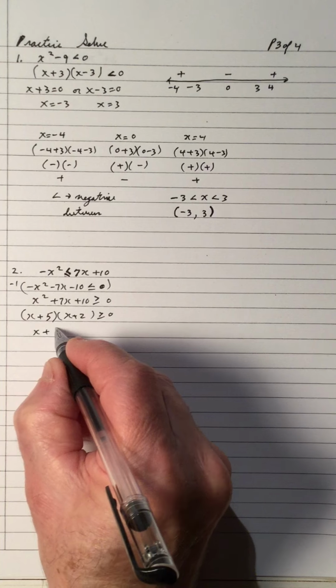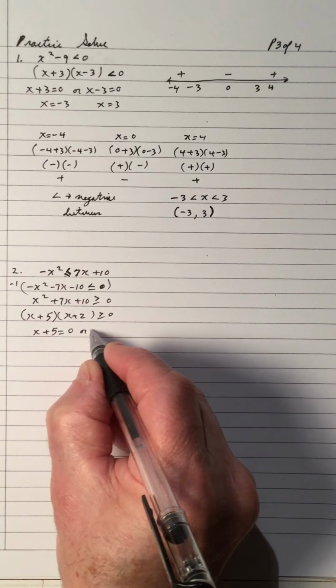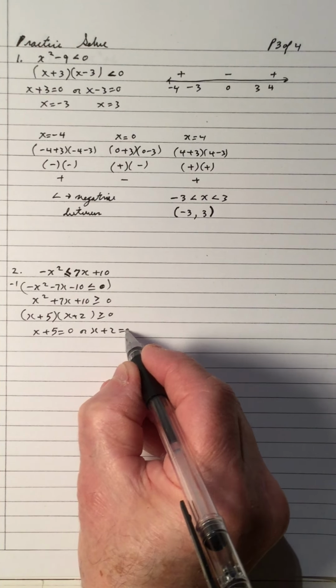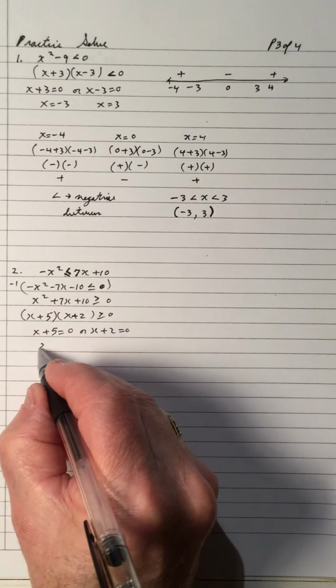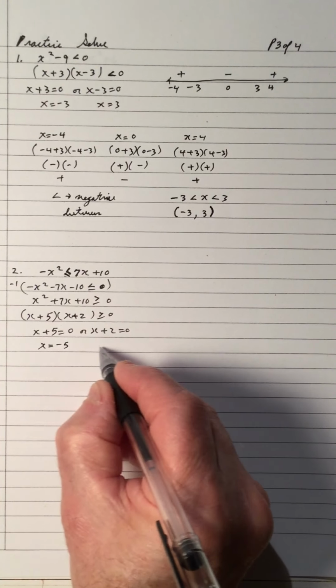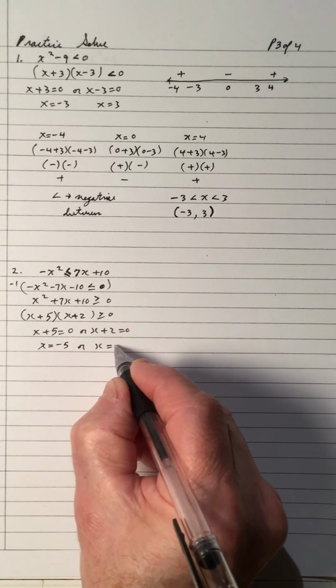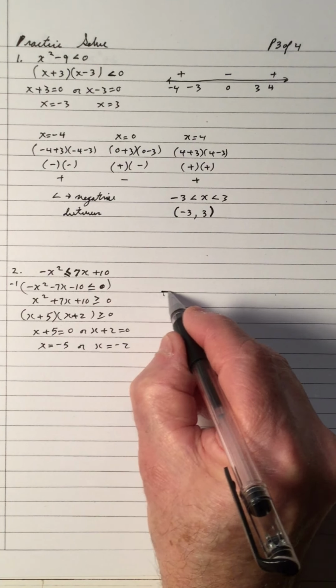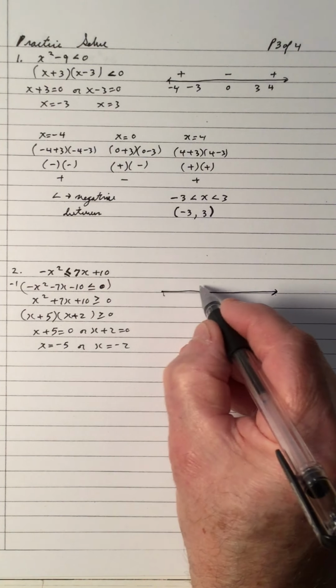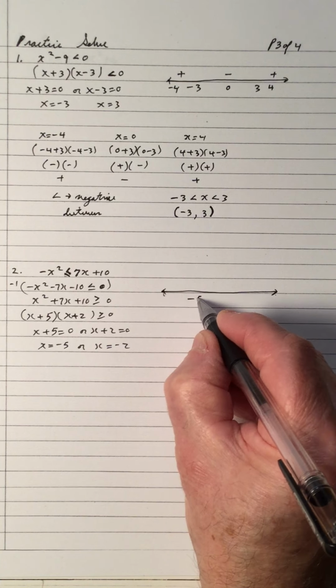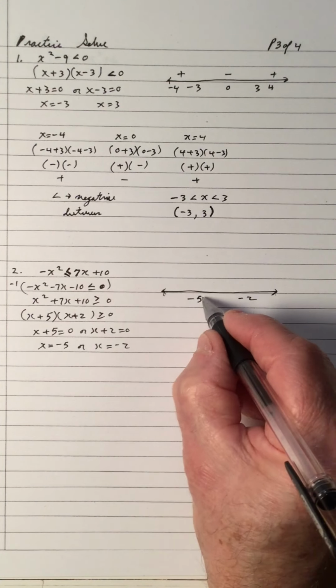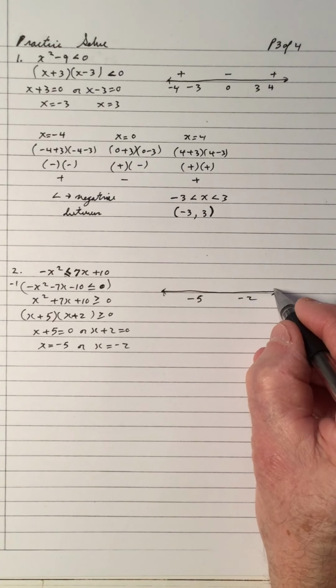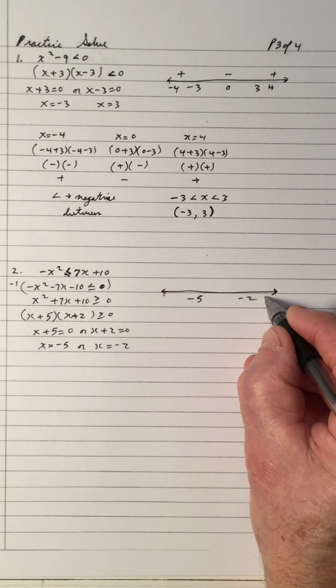And so x plus 5 equals 0, or x plus 2 equals 0. x is negative 5, or x is negative 2. Those are the two numbers on the number line. Negative 5 is on the left, negative 2 is on the right. Take a number greater than negative 2. I'm going to take 0.